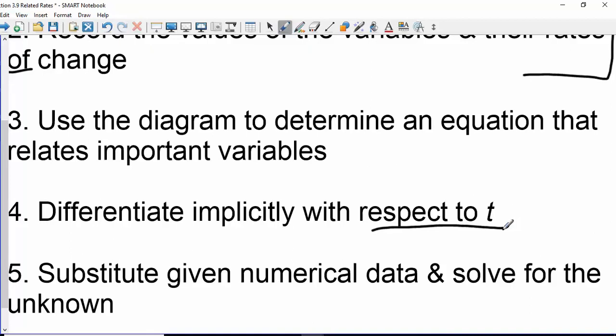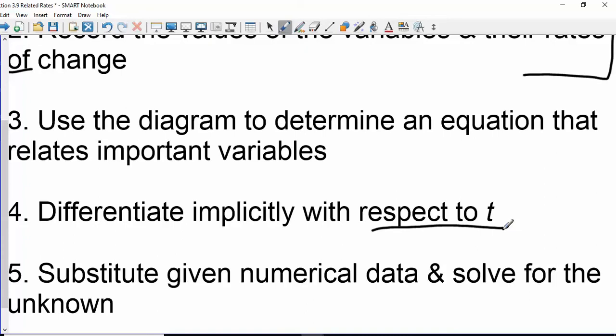The only numbers you could plug in before a derivative are things that don't change. Constants. What's the derivative of a constant? 0. So if you plugged in all of your numbers before, when you do your derivative, you're going to get 0. So the only numbers you can plug in at the beginning are the quantities that never change. If I am driving a car, my position is constantly changing, so I couldn't plug that in until the very end.